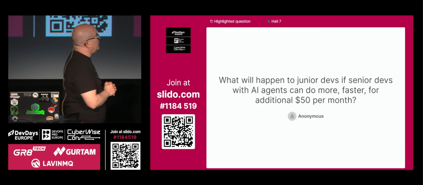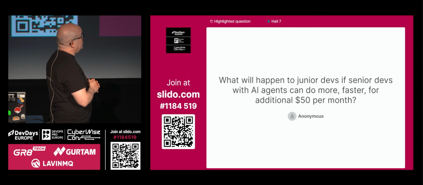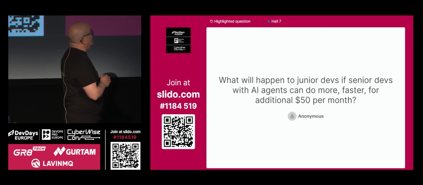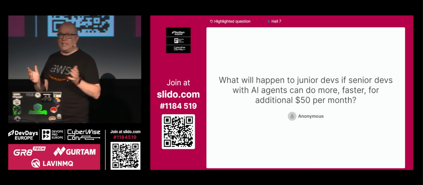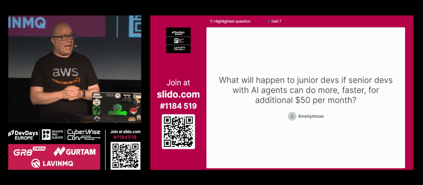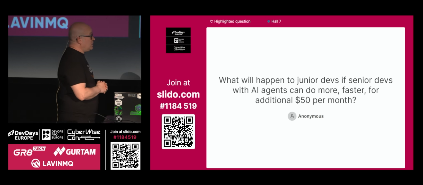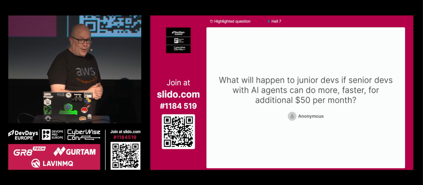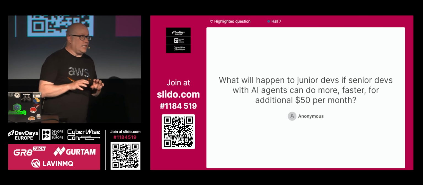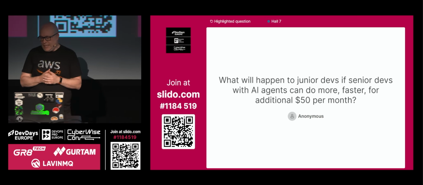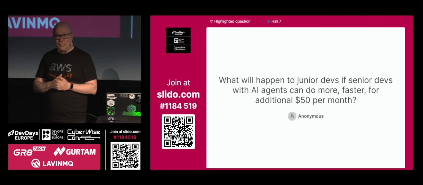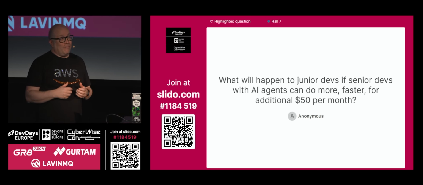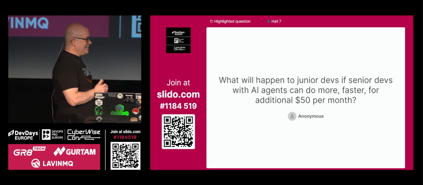What will happen to junior developers if senior developers with AI agents can do more, faster, for an additional amount of money, let's say $50 per month? I can't see the future. But what I can see is junior developers enthusiastically using these tools, maybe more aggressively than senior devs do.